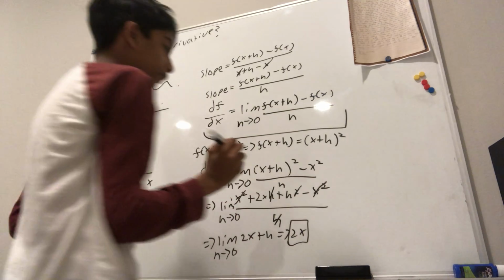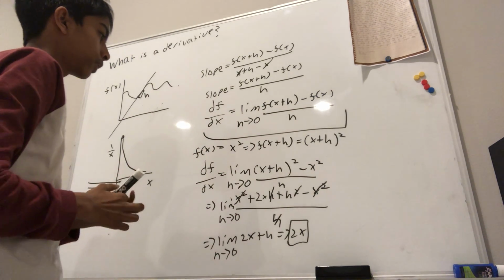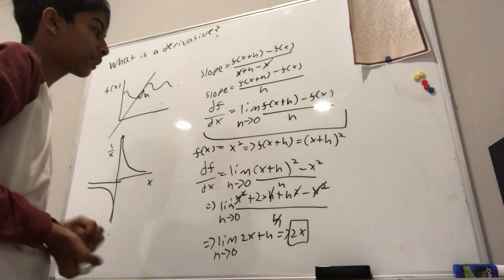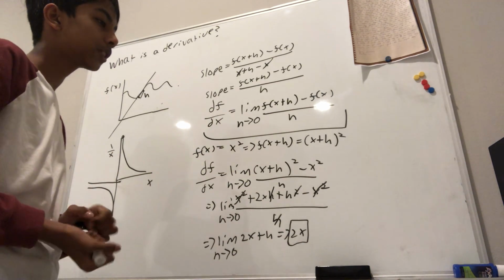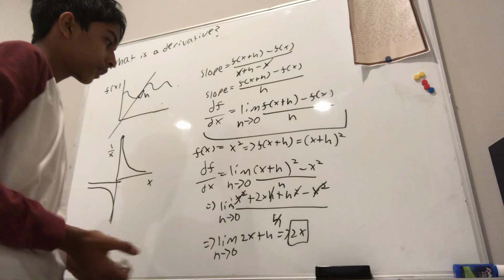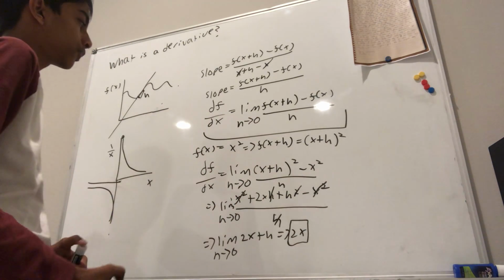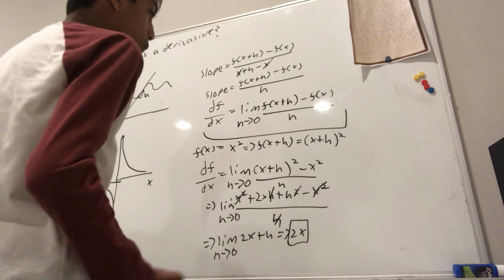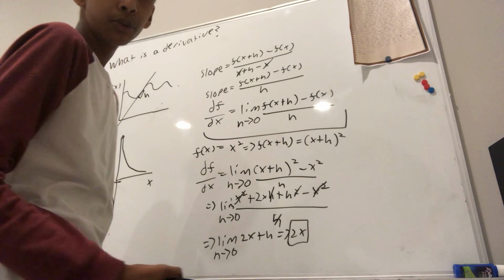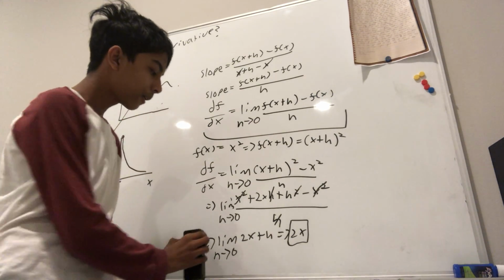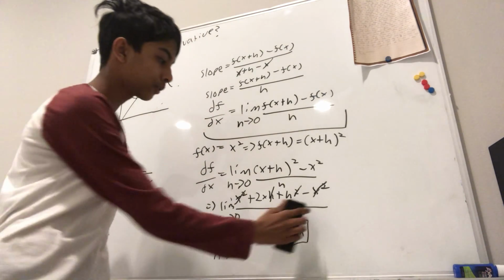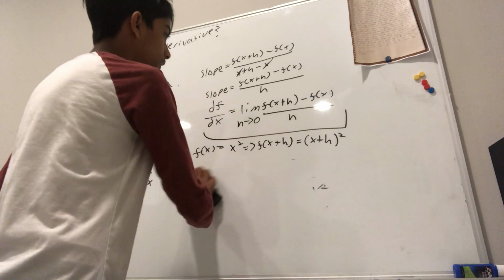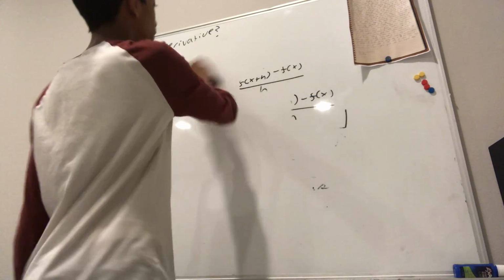So at any given point x, you can find the derivative at that point, and it would just be equal to 2 times x. And the reason I brought up the function x squared is, 1, because it's easy to do, and 2, because it's going to give rise to the power rule.